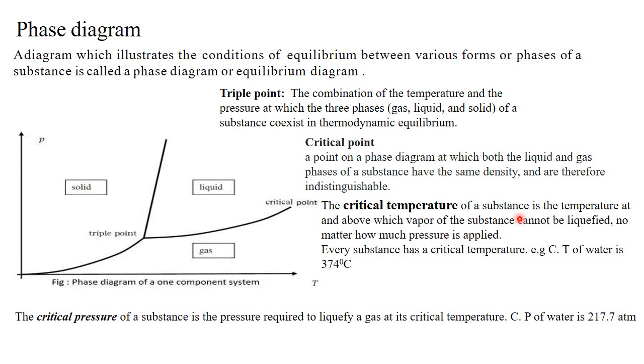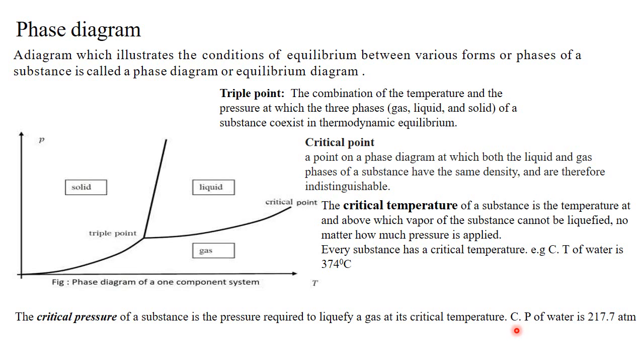Supercritical fluid is a state of matter in which gaseous phase and liquid phase are indistinguishable. One cannot differentiate the liquid and gaseous phase beyond this point.